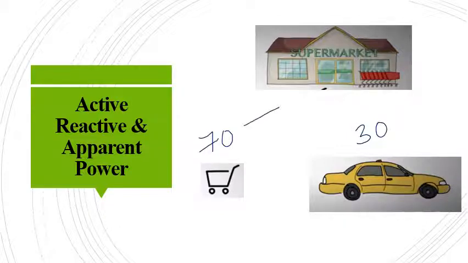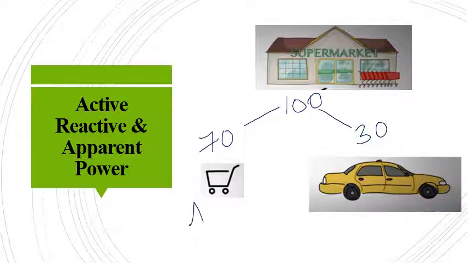So total cost adds up to ₹100. So here we can say that out of the 100 rupees that is given for buying the grocery, only 70 rupees is utilized for buying grocery.